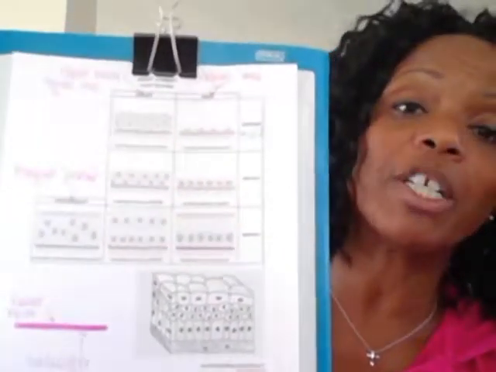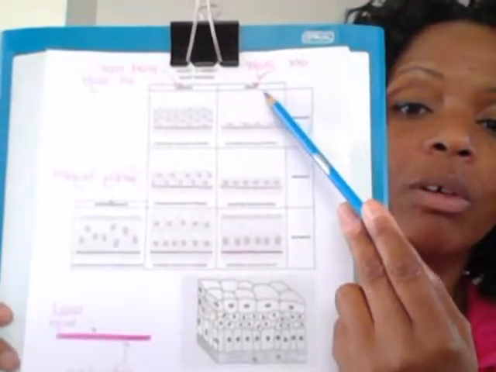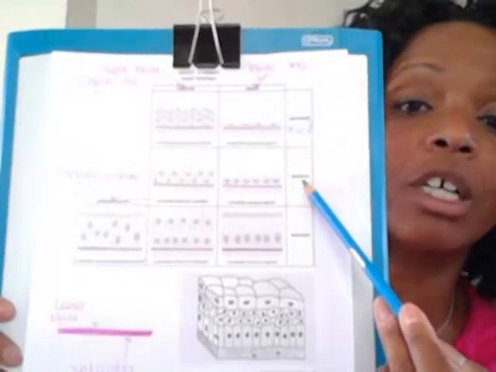So based upon the equation that I just created to help me identify the different types of tissues, I would refer to this as simple. They're cube-like cells, cuboidal, and then epithelial tissue.